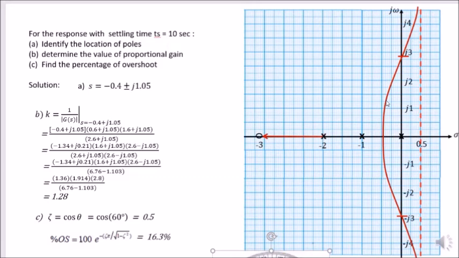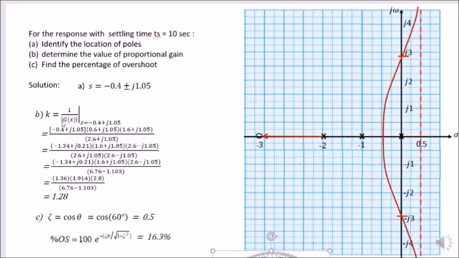In this case, the location of the pole is at negative 0.4 plus minus, because this is a conjugate, j for the complex part. So the location of the pole when the system operates at settling time 10 seconds is at negative 0.4 plus minus j 1.05.